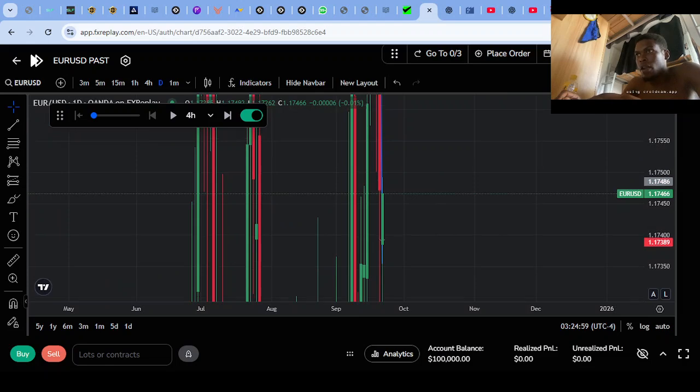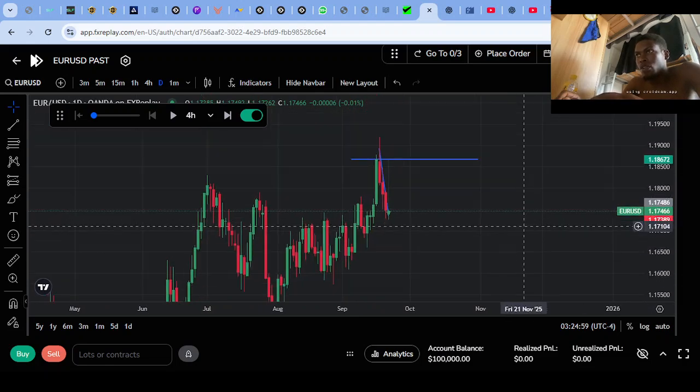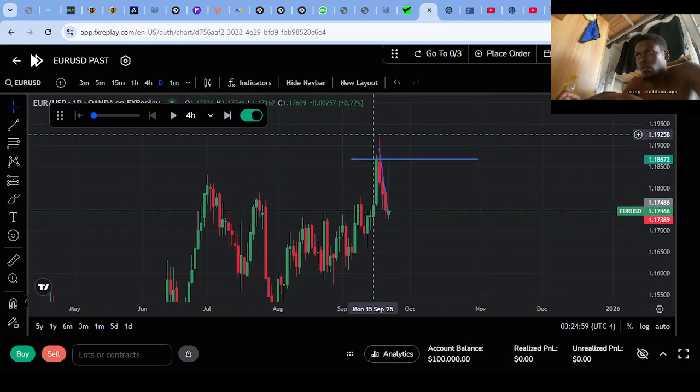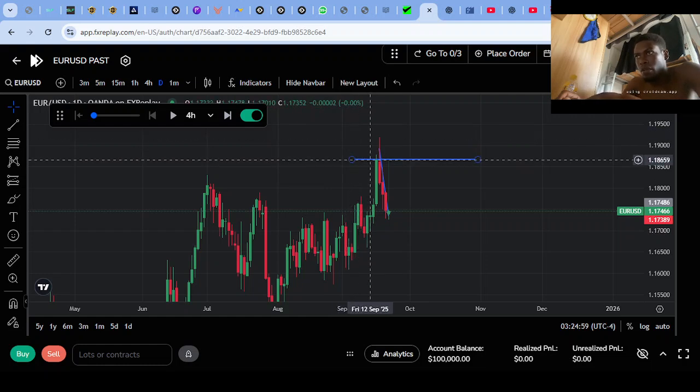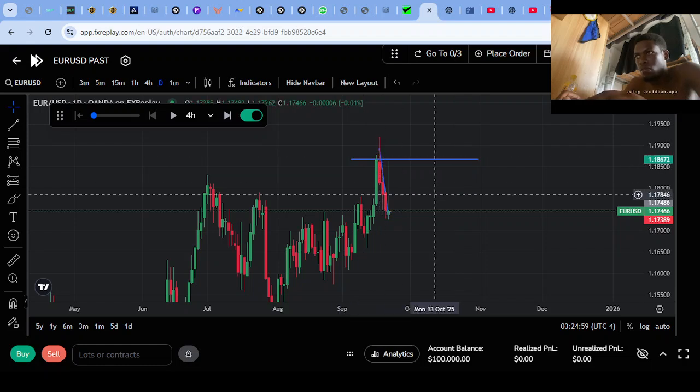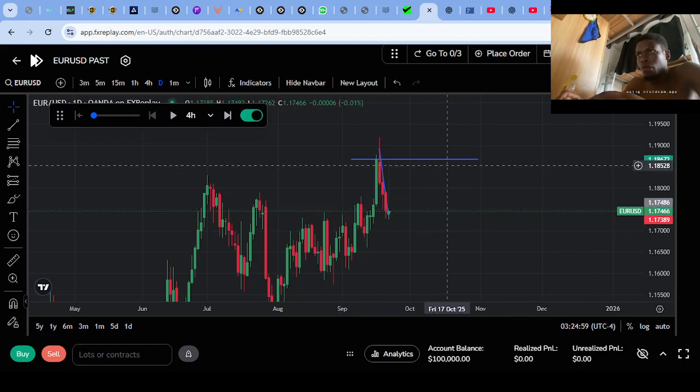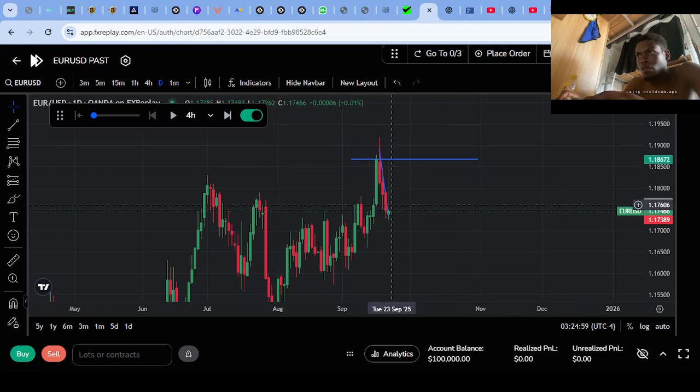Why are we targeting these highs? We could target this high this week over here, but I'm targeting the body right here, the bodies. That's what you want to target, not the wicks, because the liquidity also rests above the bodies.